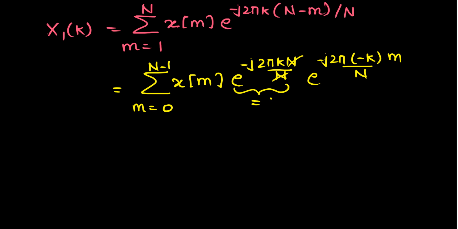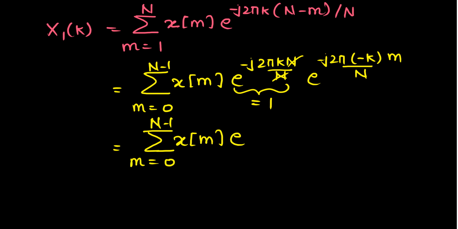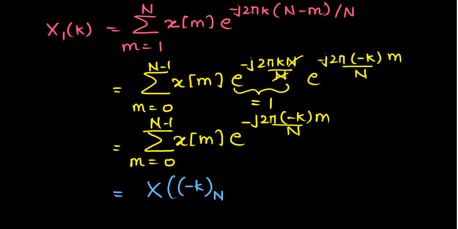So this term here is equal to 1, and therefore we have summation m running from 0 to N minus 1 x of m e to the power minus j 2 pi into minus k into m by N. So this can be written as X of minus k, but now this minus k would be going outside the range of 0 to N minus 1, that is the range of k that we are considering, and therefore it has to be brought inside the range by considering the modulo operation.